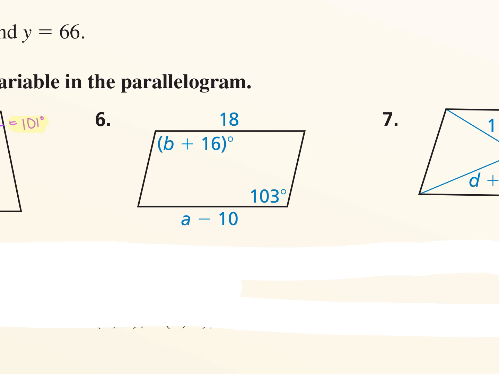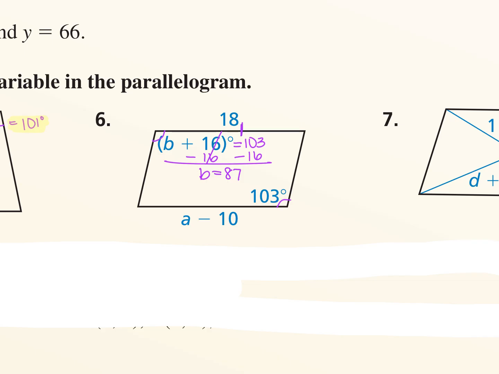Looking at number 6. Same thing, opposite angles are congruent. So if this is 103, this is also equal to 103. I'm going to subtract 16. And B is going to equal 87.